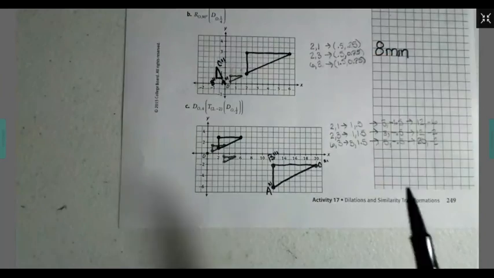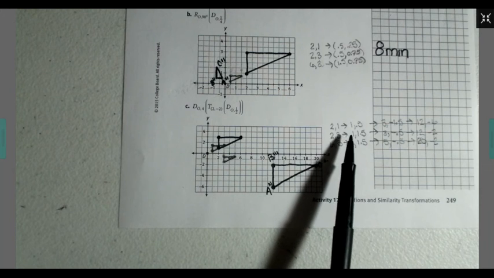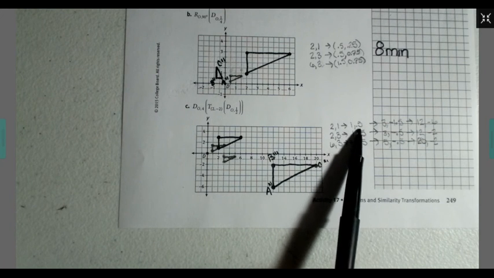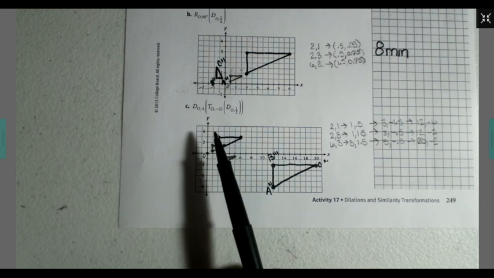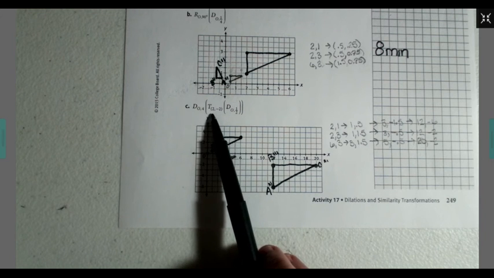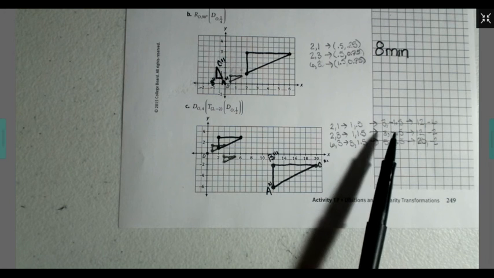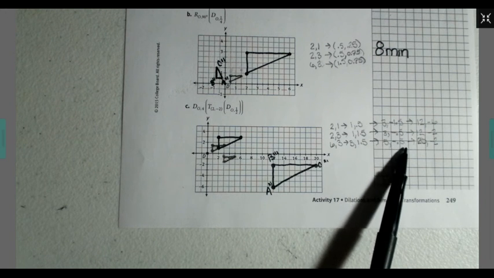Let's take a look. For the C, you'll see that I did each one of these by hand. I did 2, 1 goes to 1.5. This is where we divided by a half. Sorry, multiplied by 1/2. Then we did a translation of 2, -2. So I added 2, subtracted 2, added 2, subtracted 2, added 2, subtracted 2.